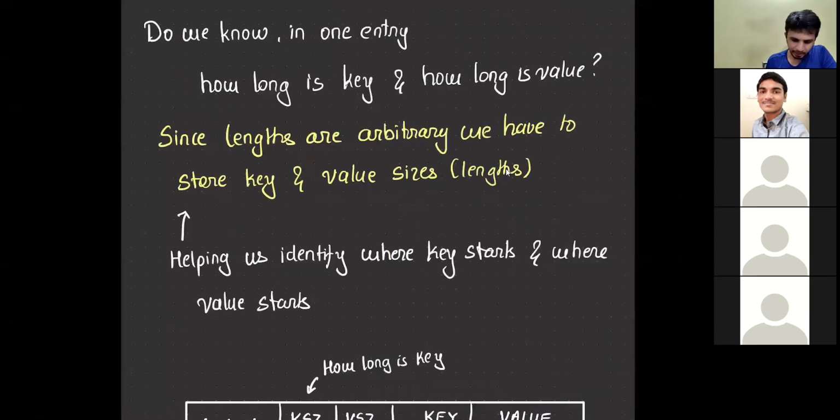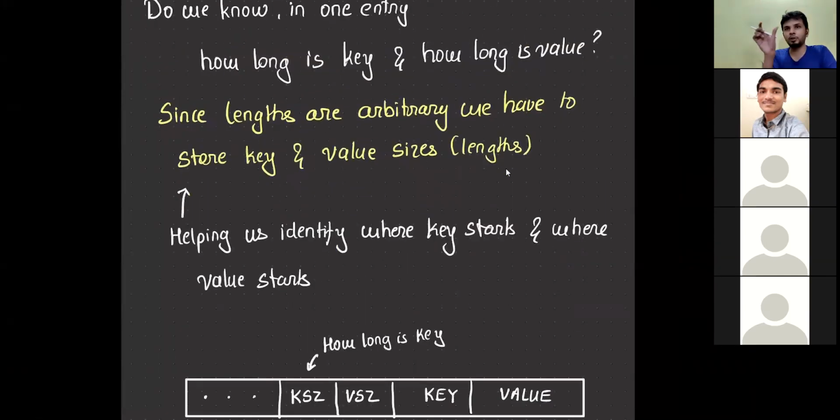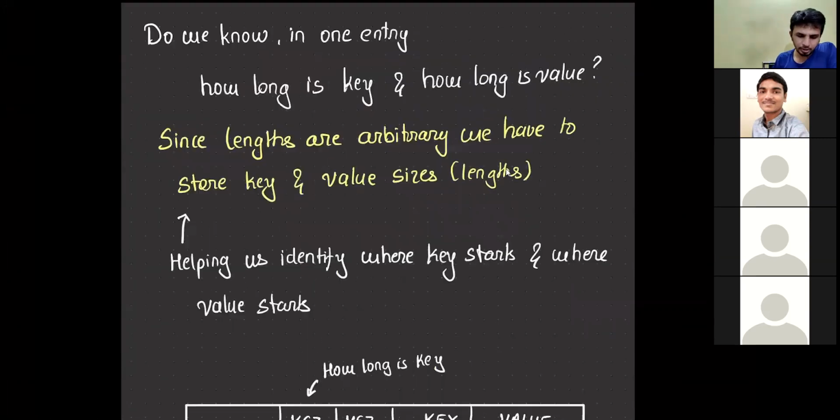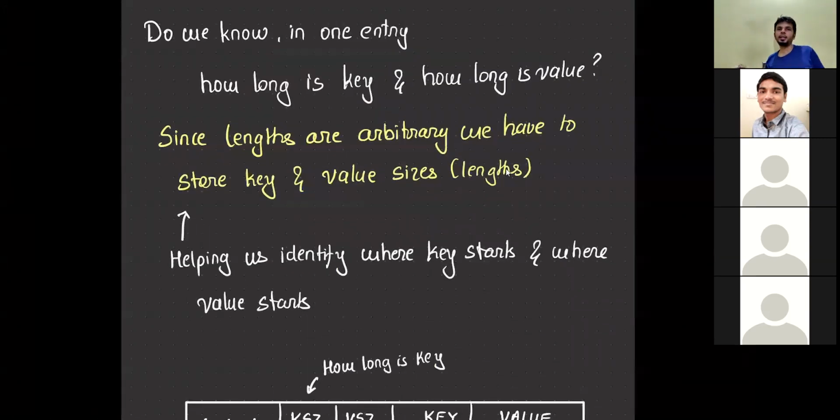Each entry would look like key comma value. So do we know, in one entry, when we're designing this, our key length could be variable, our value length could be variable. With this, what happens is, since lengths are arbitrary, we have to store key size and value size. Something that we were discussing with the word dictionary as well.